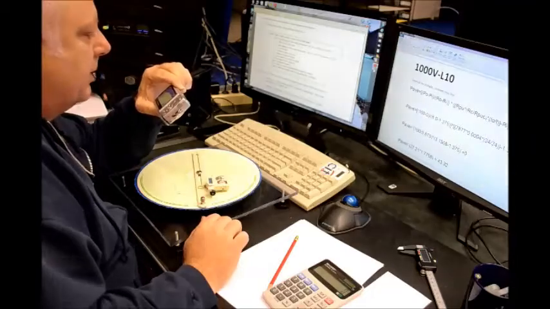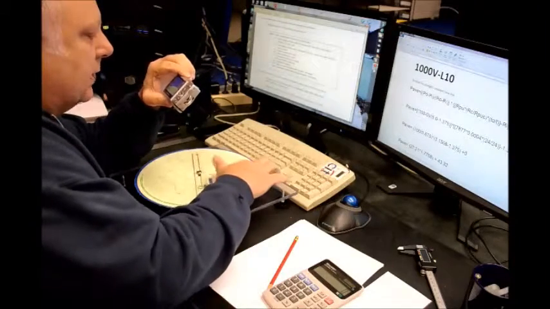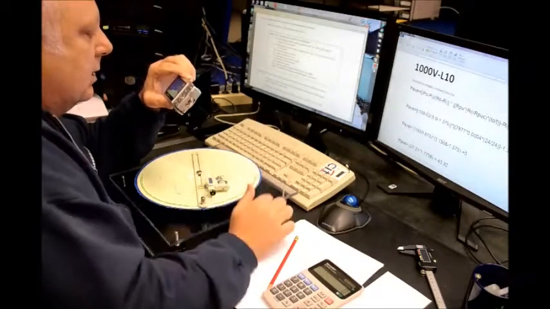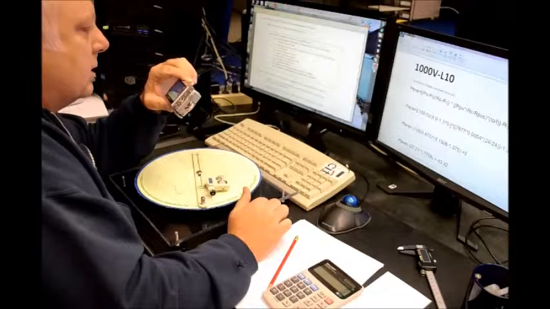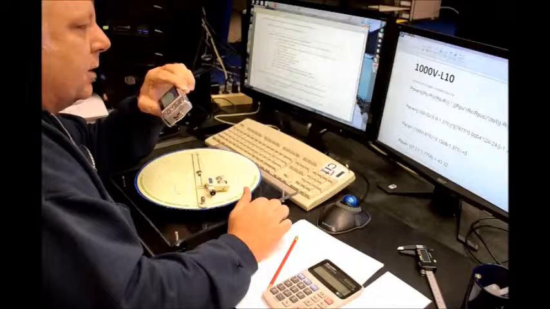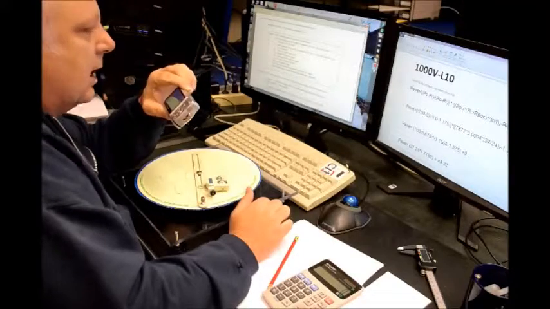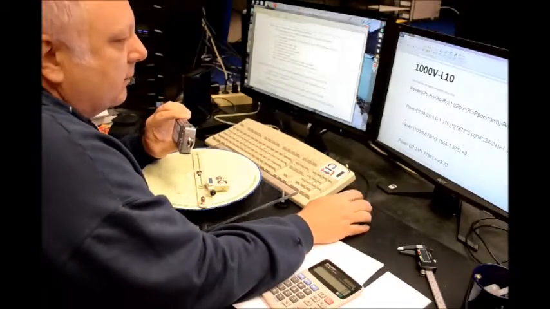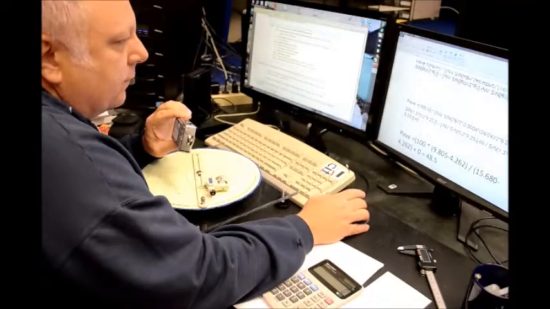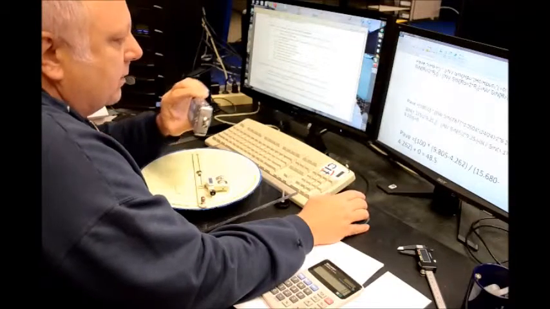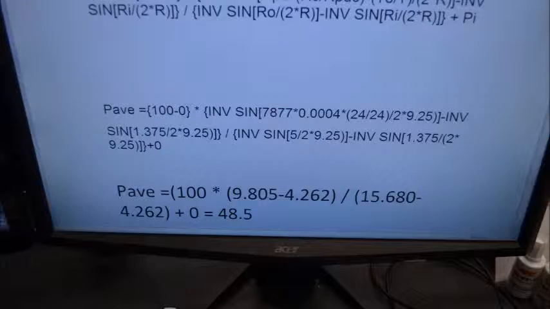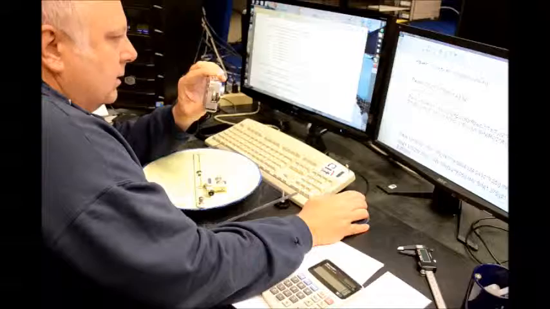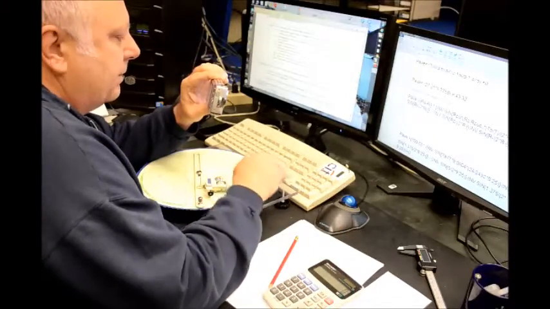Now there's going to be a little bit of an error because this curved line doesn't fit into the formula perfectly. To account for that, we have another formula which takes into account the curvature of that particular line.